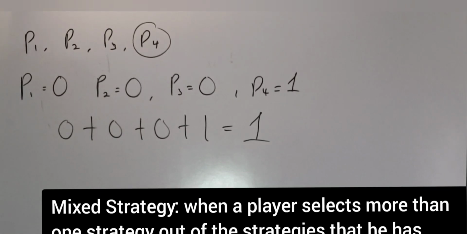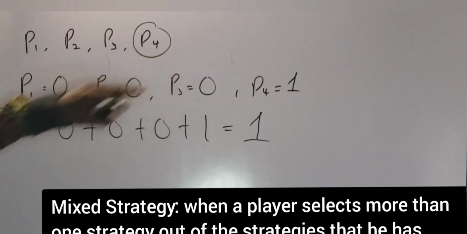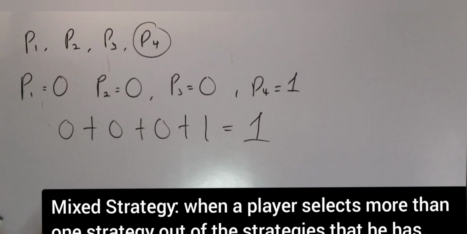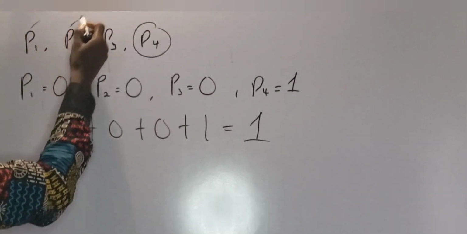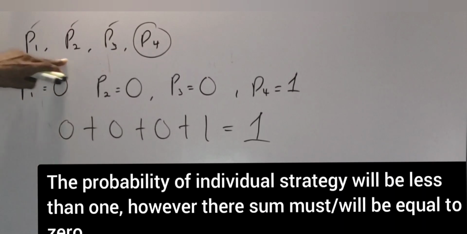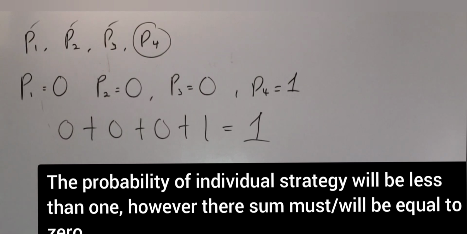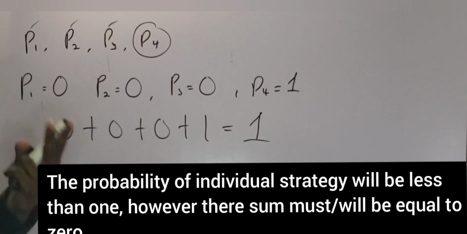Let's say the player has the same strategies, P1, P2, P3, and P4. In mixed strategy, the player can adopt strategies P1, P2, and P3. In that case, that is said to be mixed strategy. Therefore, the probabilities of all these strategies will be less than 1, such that when we sum up all their probabilities, we are going to have 1 at the end of the day.